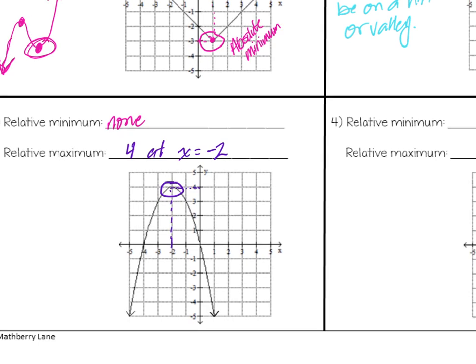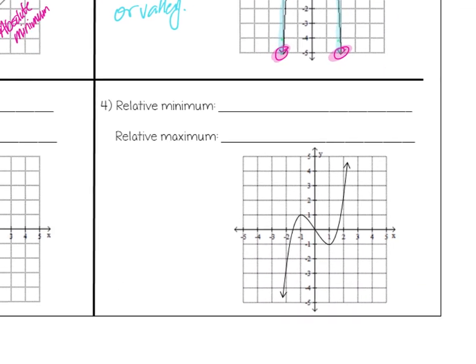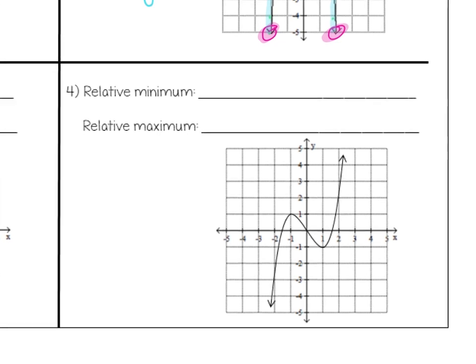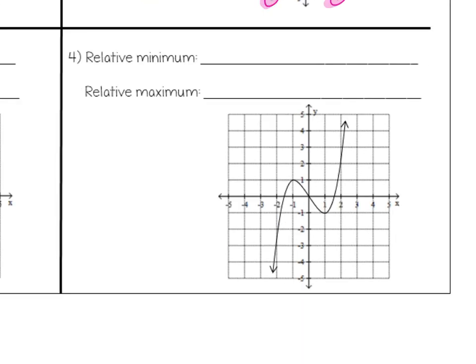Okay, so one last problem, and then we're going to look at your homework and show you how to answer that. So my high, again, I'm going to circle in my purple, and then that's because I like purple and pink, by the way. And then my low, I'm going to circle in pink. And so my minimum, the top one is my minimum.